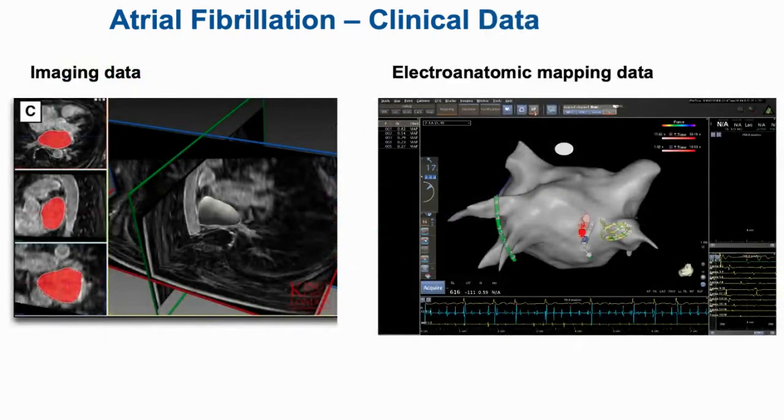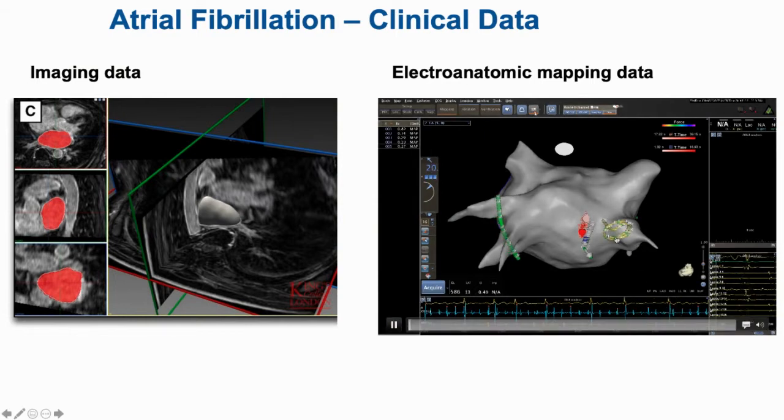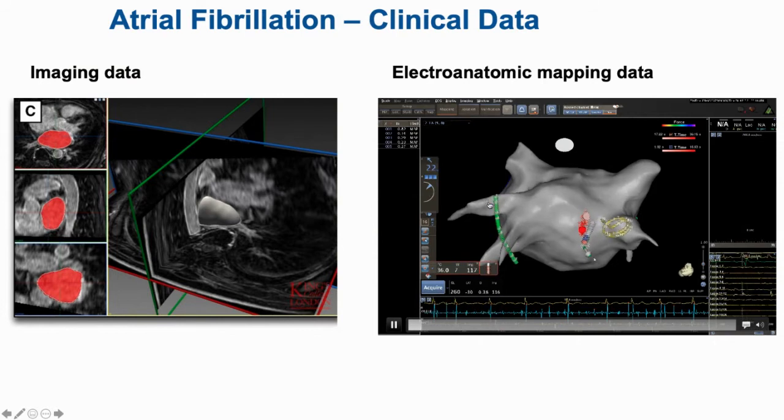The data that we're working with: we've got imaging data, often MRI data, though it could be CT data. We've also got electroanatomic mapping data, so electrical data collected during the procedure. You've got the different catheters moving around here collecting the electrical signals, and we can use these to personalise our simulations.